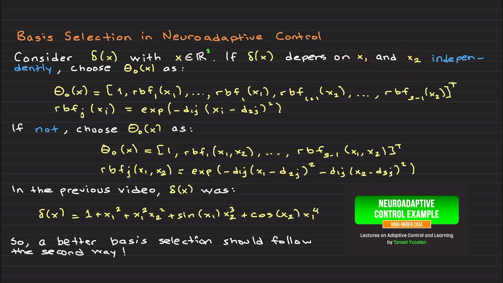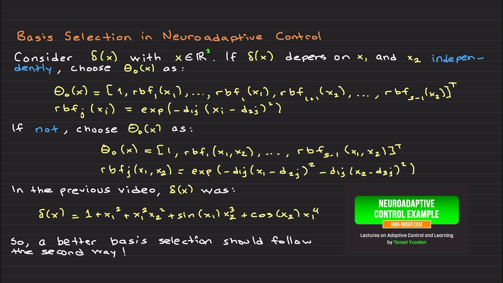Of course, you don't know the uncertainty, but independently means, for example, you have uncertainties like x to the power of 2, x to the power of 3, and so on. Here, they are independent. You don't have a term where x multiplies, for example, like this. So in this case, uncertainty depends independently on x1 and x2.